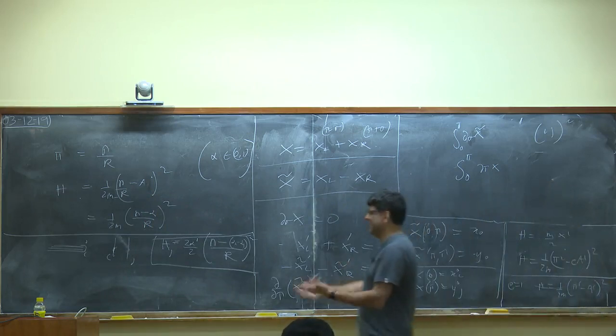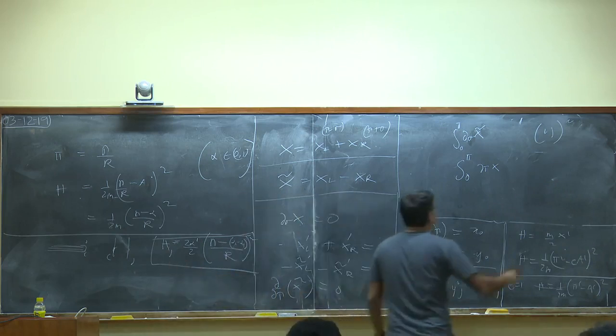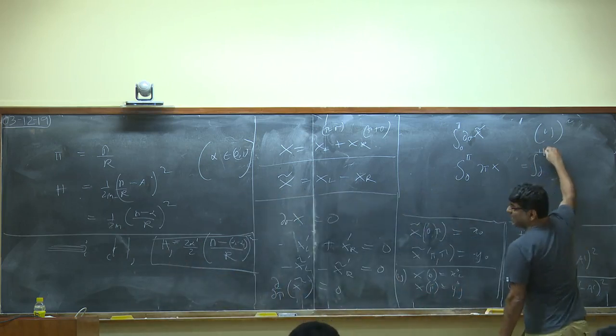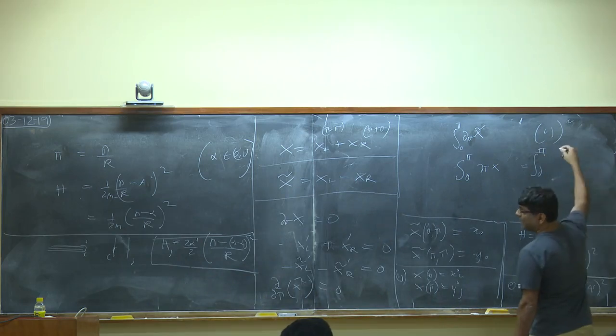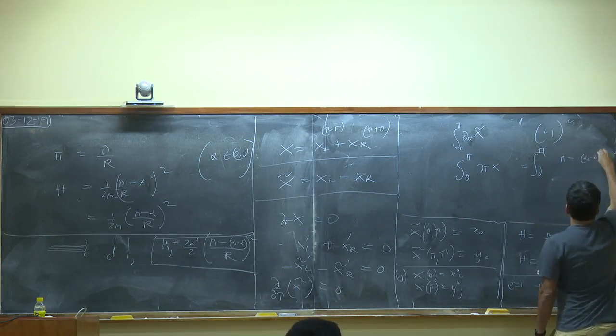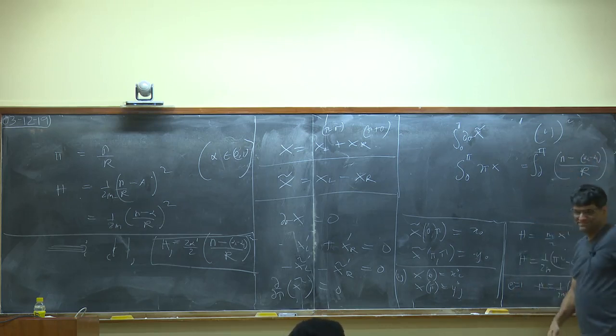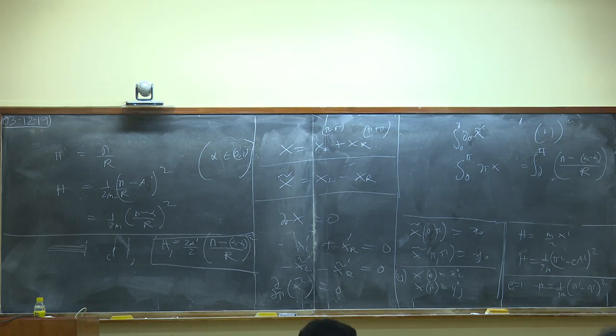In this nth state, this was equal to the integral from 0 to pi of (n minus alpha_i minus alpha_j) divided by r. All good?